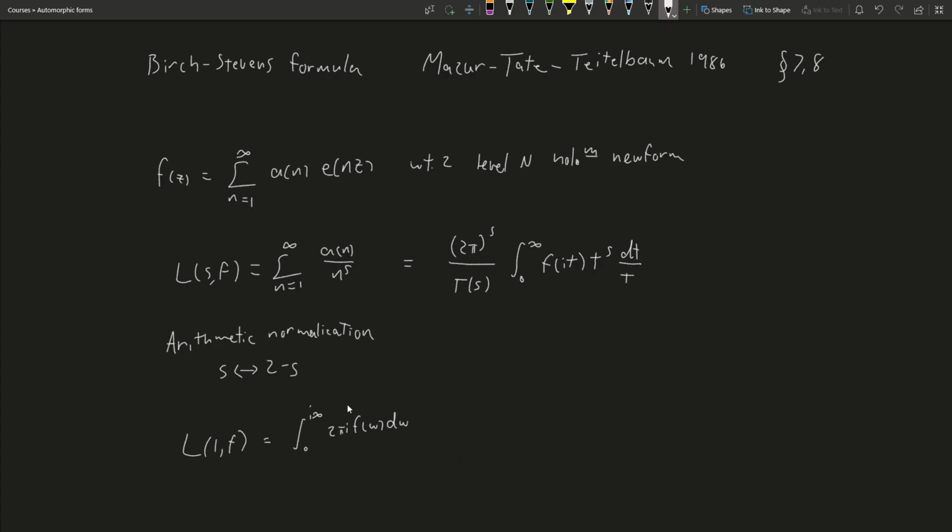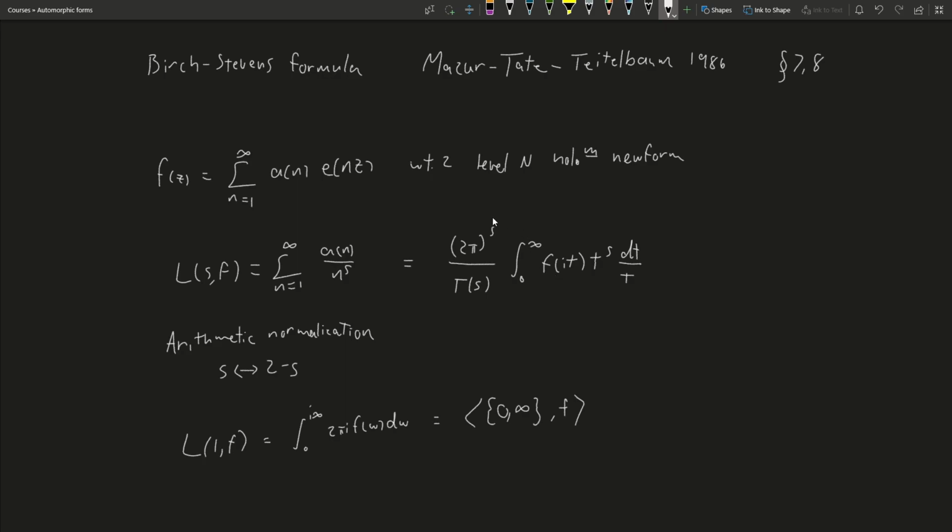So it's this modular symbol going from 0 to infinity. So you can view this as the modular symbol {0, ∞} of f. So that's cool, and this just is a direct result of this.